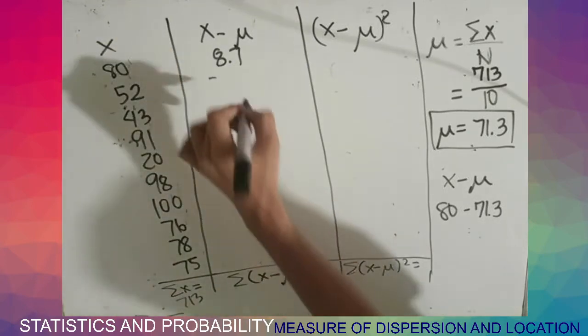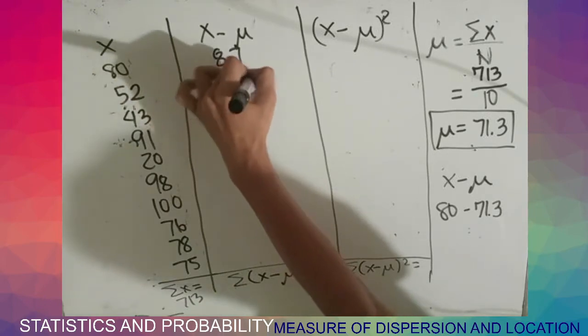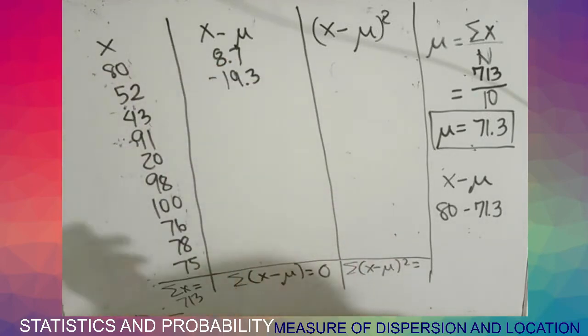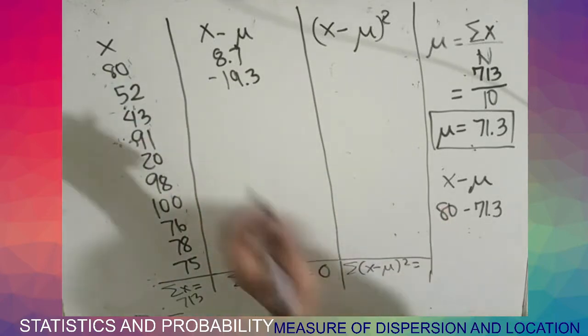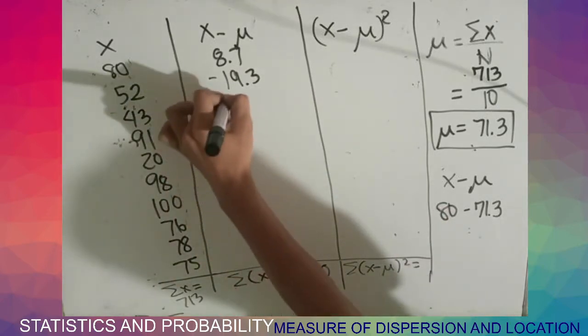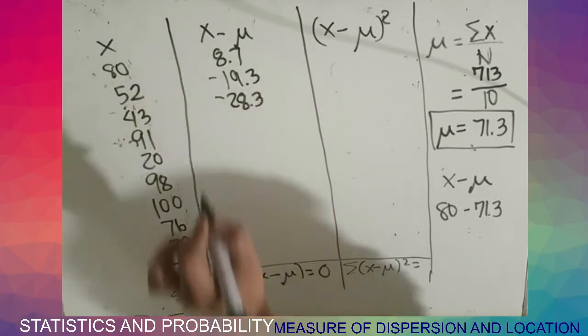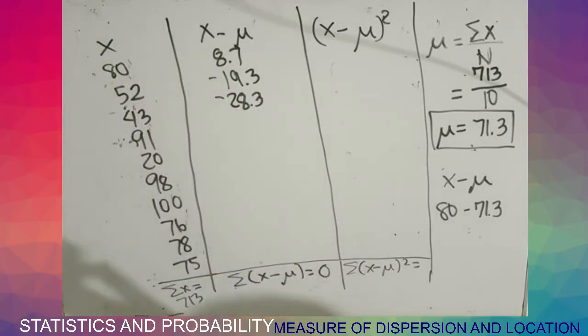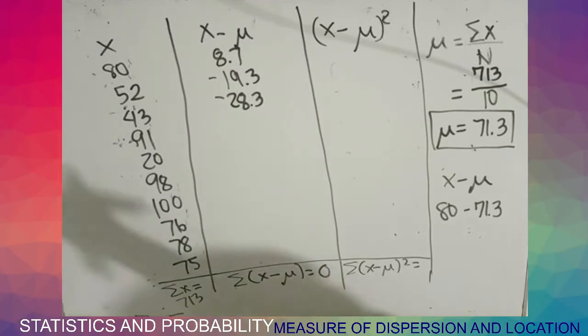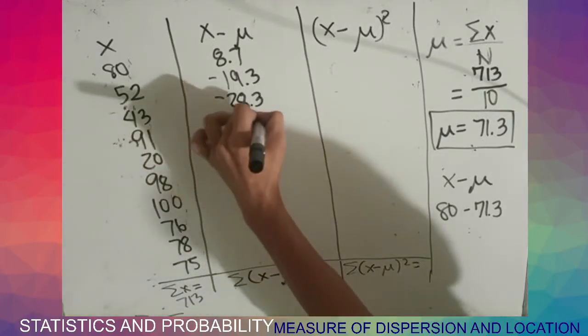Ang sunod ay negative 19.3. Okay, next. 43 minus 71.3 ay negative 28.3. Next, 91 minus 71.3, ang sagot ay 19.7.